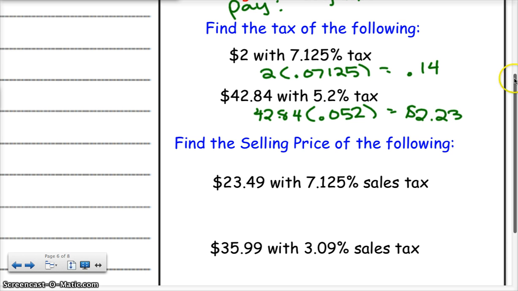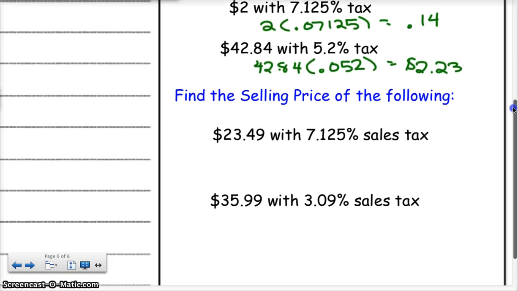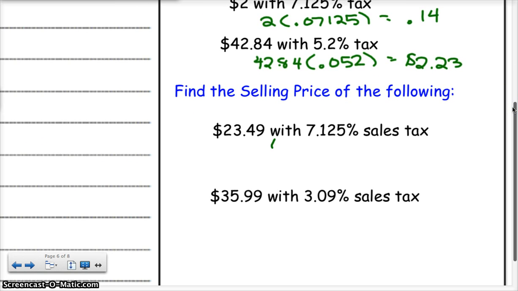Dealing with selling price. Again, I have to figure out my tax. That's the first thing I do. I figure out my tax. So my tax is going to be $23.49 times 0.07125. That is $1.67.